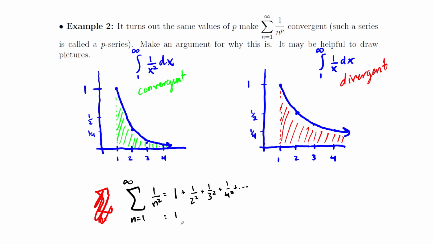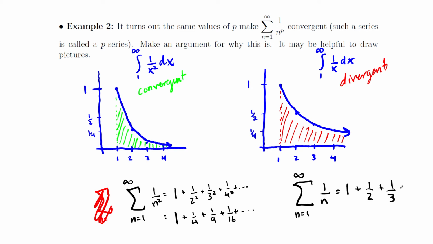Which is 1 plus a fourth plus a ninth plus a 16th, and so on. And then over here, by contrast, 1 plus a half plus a third plus a fourth, and so on.